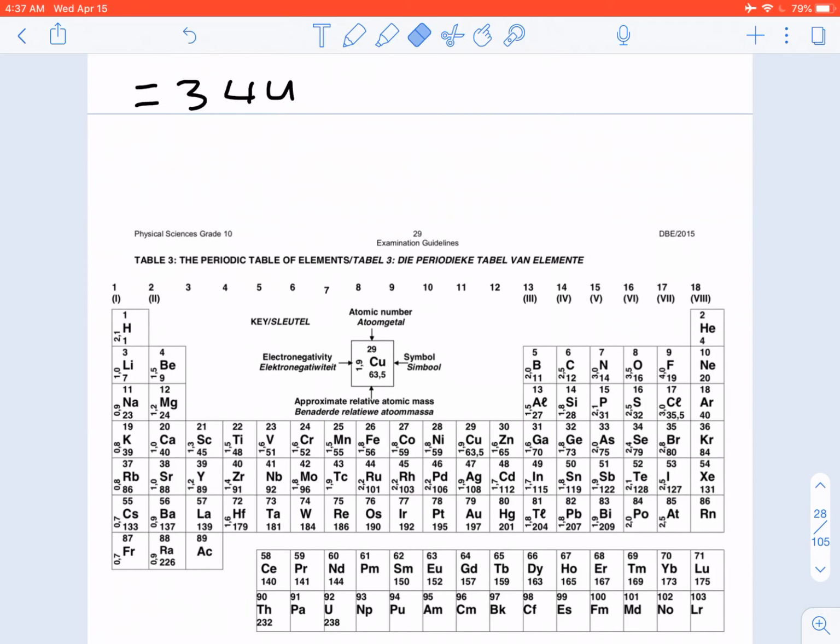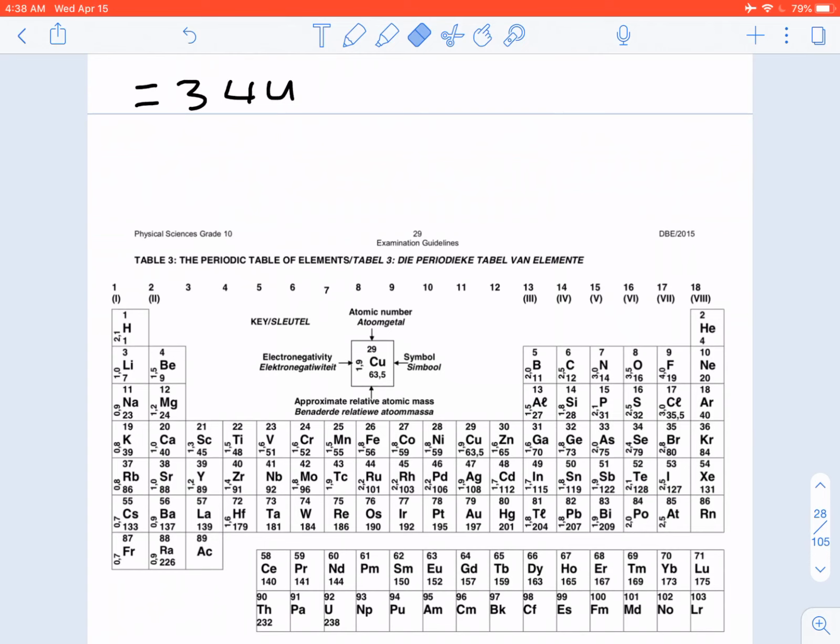The masses of these elements are relative to the mass of 1/12 of the carbon atom. And being relative to 1/12 the mass of the carbon atom, the units cancel out, and then we only use the number.